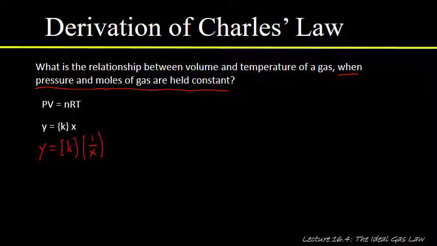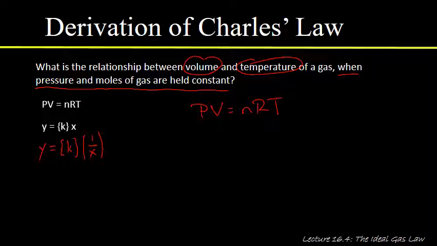So we'll start with the ideal gas law, PV equals nRT, and we want a relationship between volume and temperature. So we want to isolate those two variables and put them as far apart as possible.